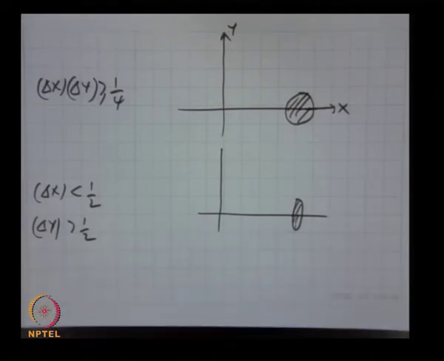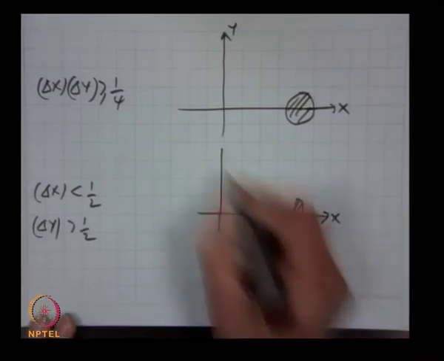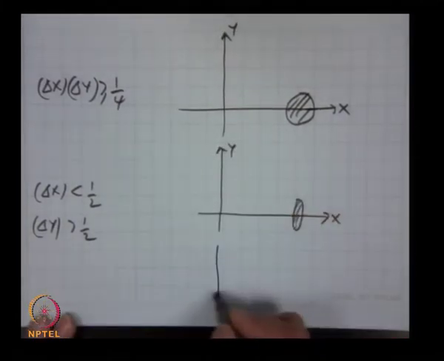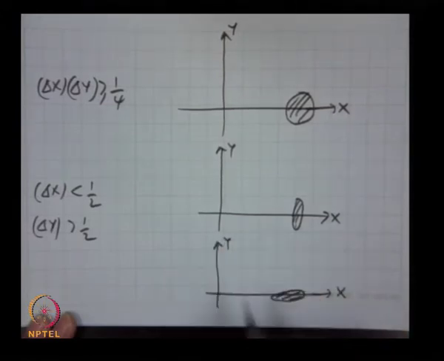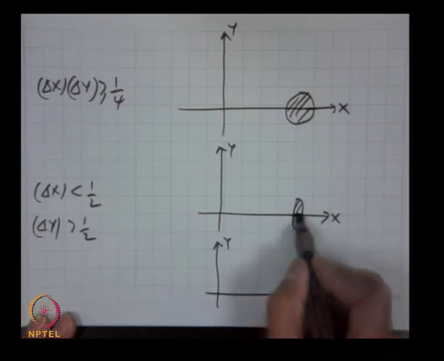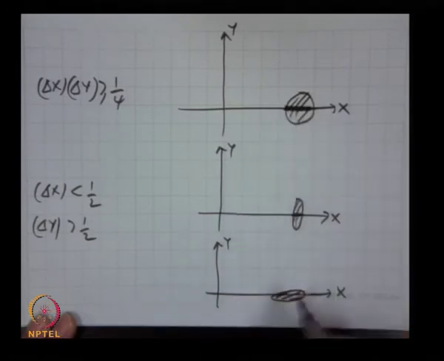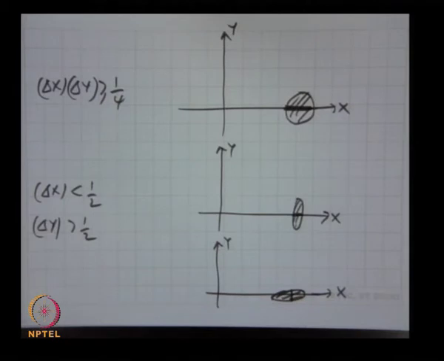But the minimum is 1 by 4, and I can have a state like this, in which the x quadrature is squeezed, or I can have a state in which the y quadrature is squeezed. That means the uncertainty in x is less than in a coherent state, or the uncertainty in y is less than in a coherent state in the y-squeezed state.